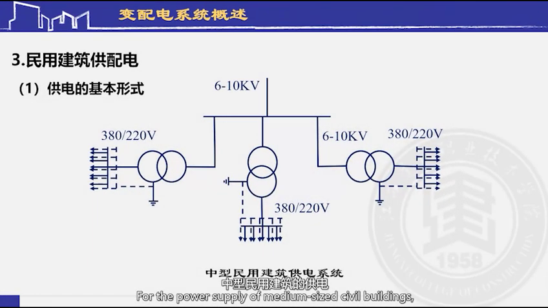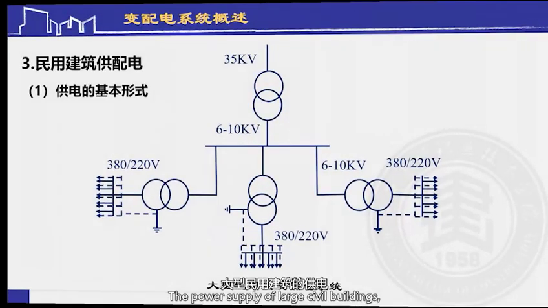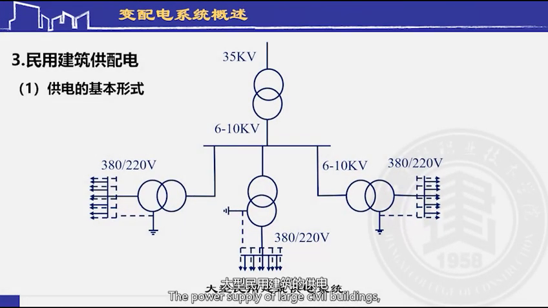For medium-sized civil buildings, the power input line is generally 6 to 10 kV, and the high-voltage distribution line is connected to the substation of each building by the high-voltage distribution office, and the voltage is reduced to 380/220 volts.